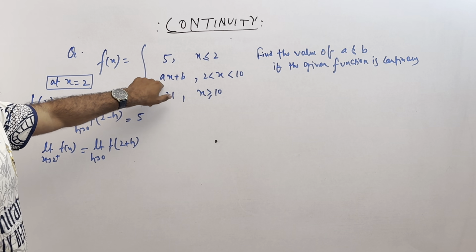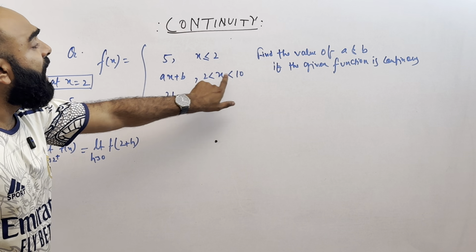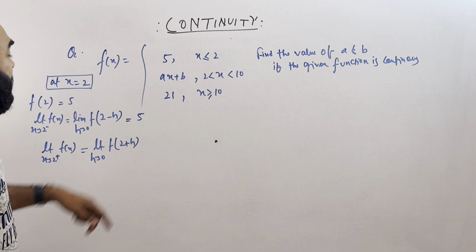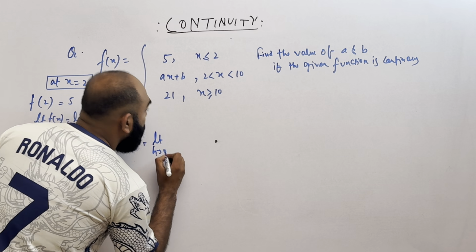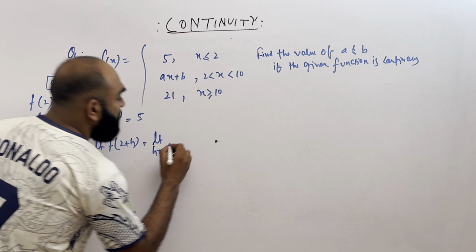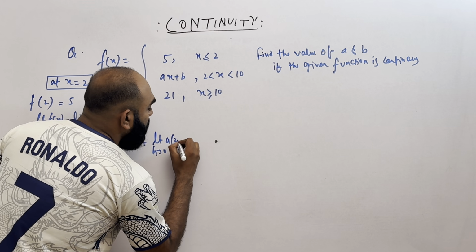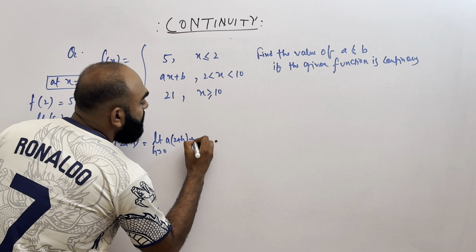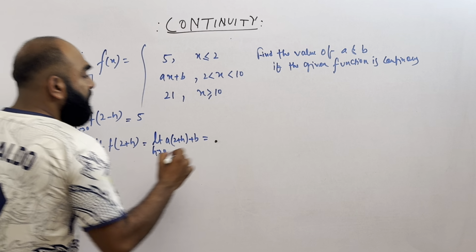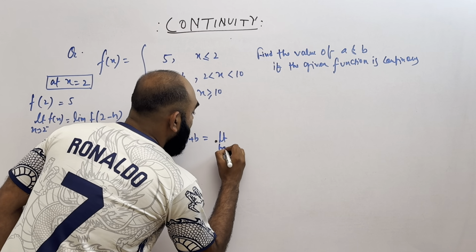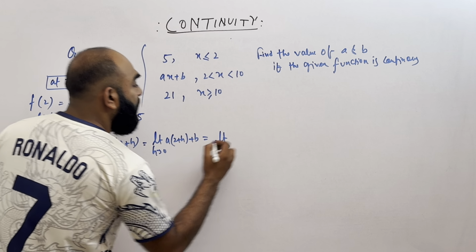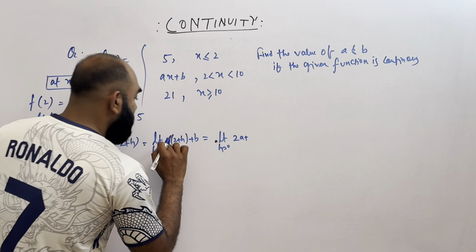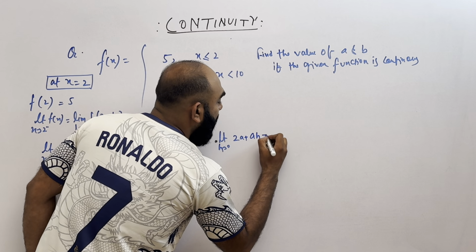This is the function valid for x greater than 2 and less than 10. So here I will write limit h tends to 0, in place of x I will keep 2 plus h. So a into 2 plus h plus b. If I open this one, limit h tends to 0, 2a plus ah plus b.